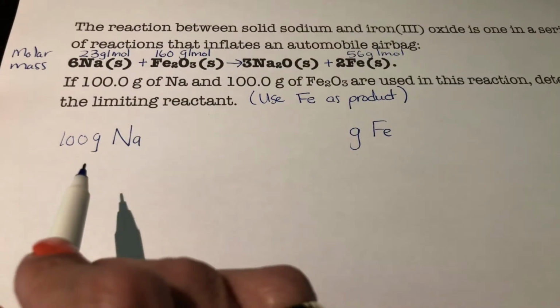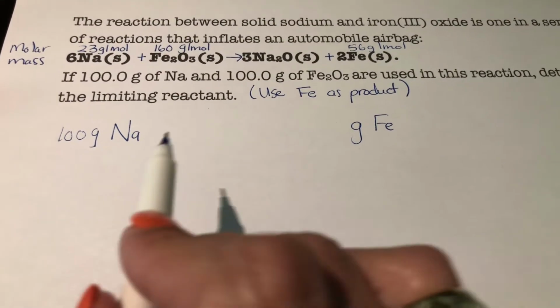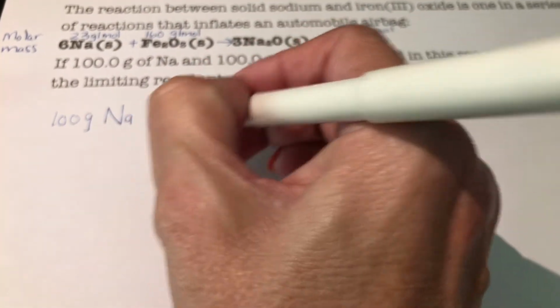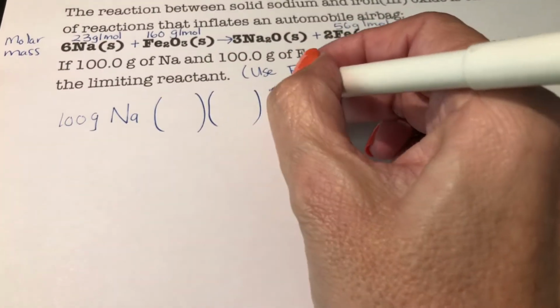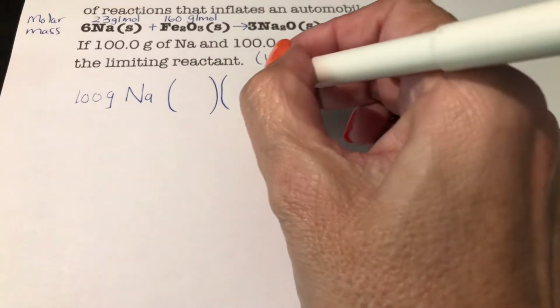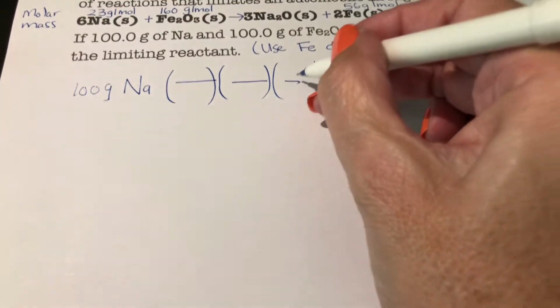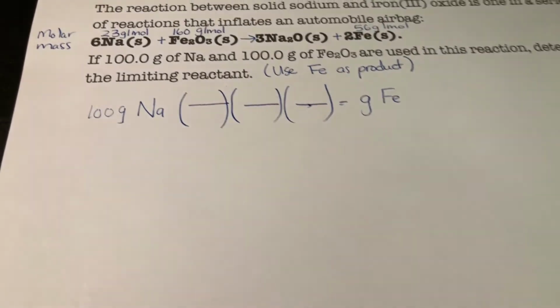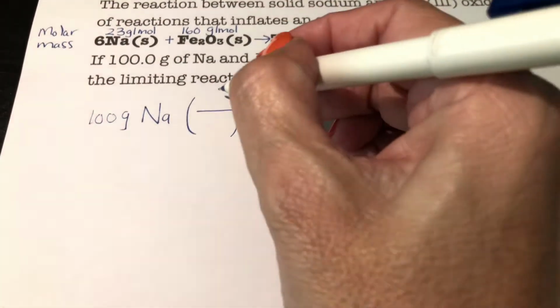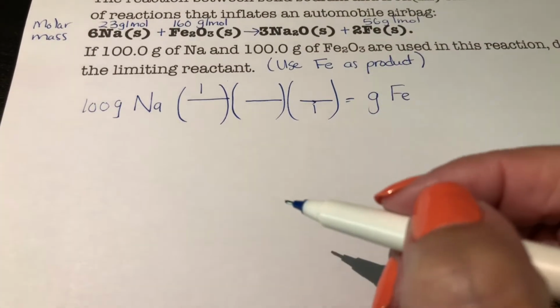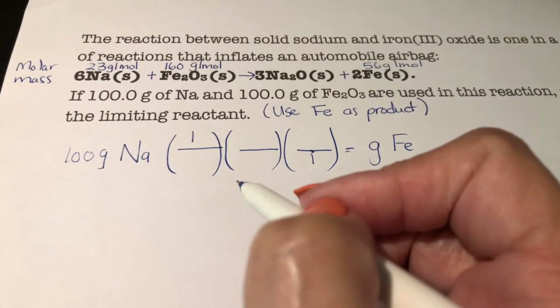This is what I know, and this is what I want to know. So I'm going mass to mass. For a mass to mass calculation, I need 3 conversion factors in order to get my answer. One on the top, one at the bottom. The one in the middle is a plain straightforward ratio.